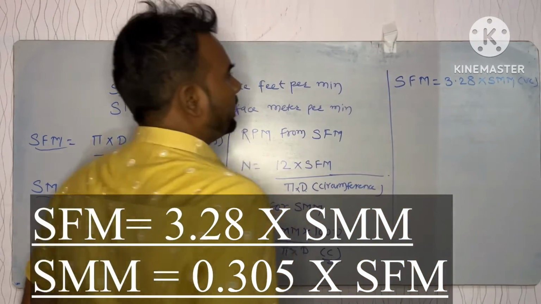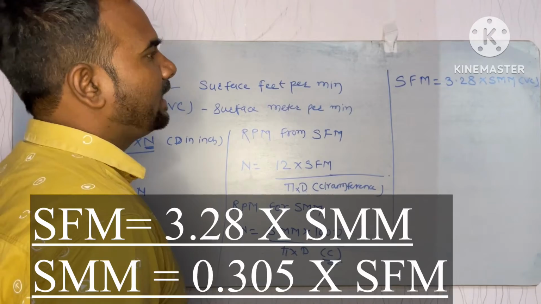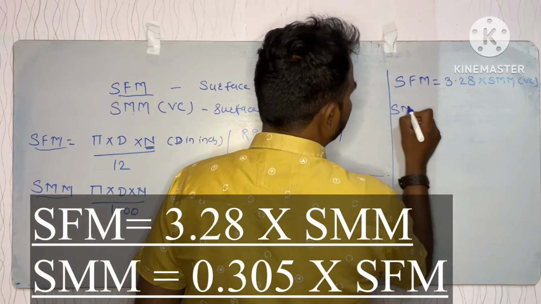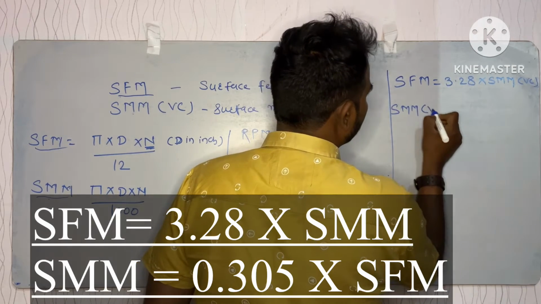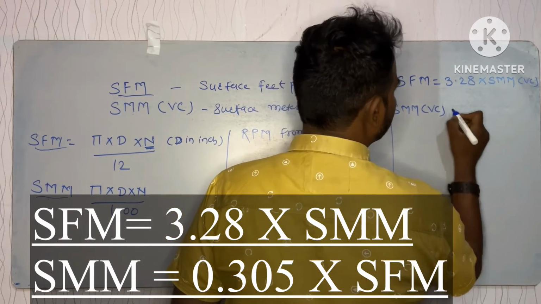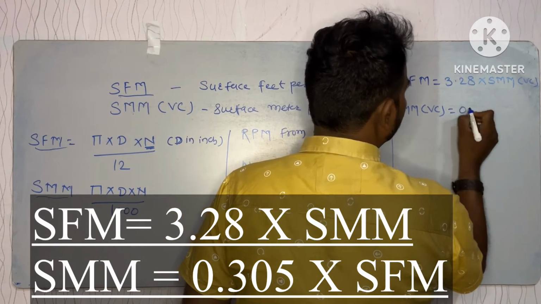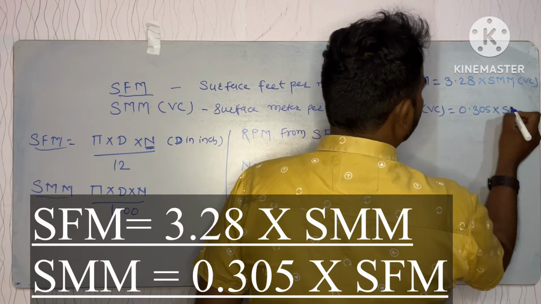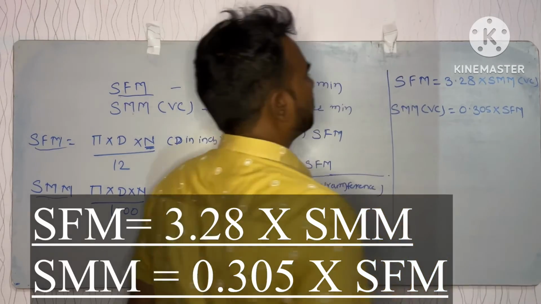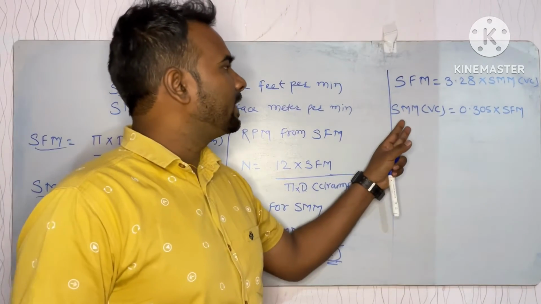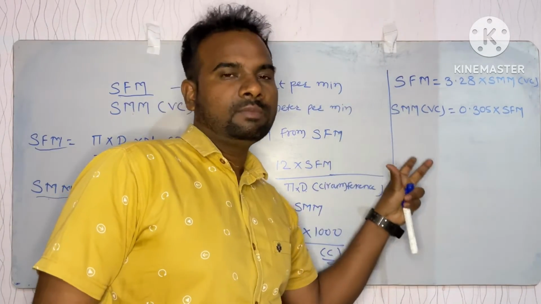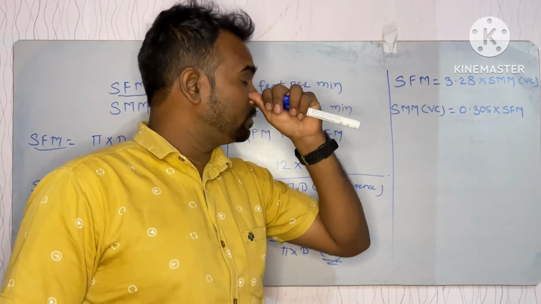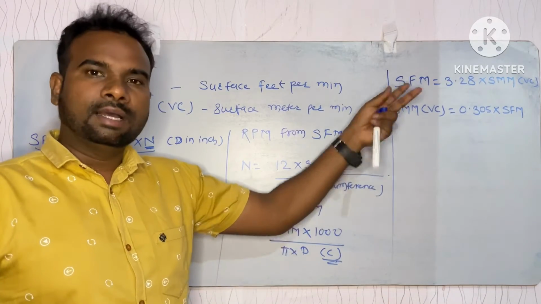And to calculate SMM or VC, SMM is equal to 0.305 into SFM. By using these formulas, we can easily switch between SFM and SMM.